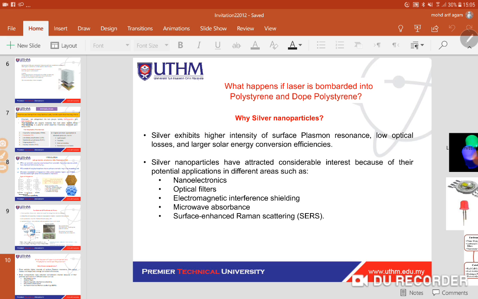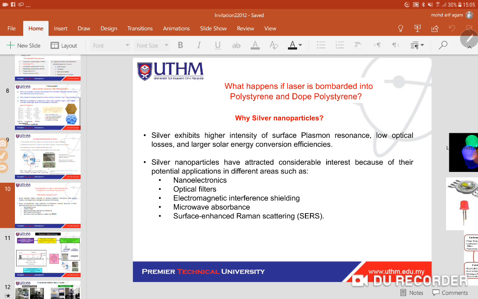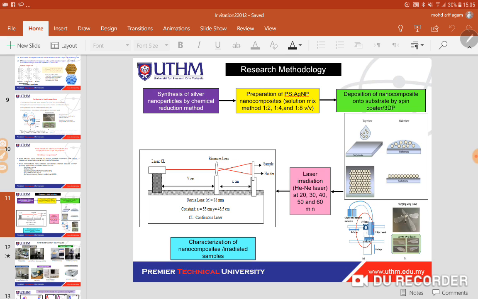So now, when we realize this, we know that we are interested in polystyrene, and we try to dope this polystyrene with nanoparticles such as silver. Silver nanoparticles is a very interesting material also, because it's been used for nanoelectronics, optical filters, electromagnetic interference shielding, microwave absorbance, surface enhanced scattering, and of course in our work it can become heavy metal absorbers.